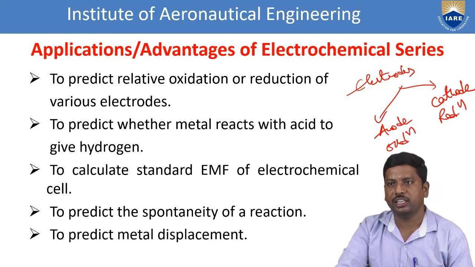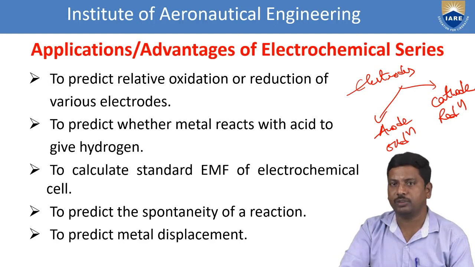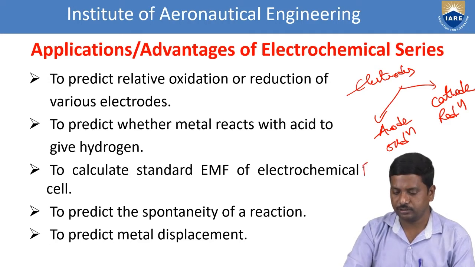Depending upon the elements, whether one acts as anode or cathode is finalized by the electrochemical series. It also predicts whether a metal reacts with an acid to give hydrogen. It is used to calculate the standard EMF of an electrochemical cell, represented by E0.